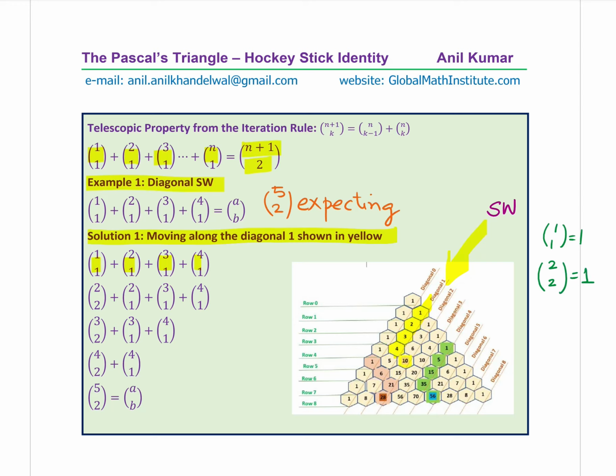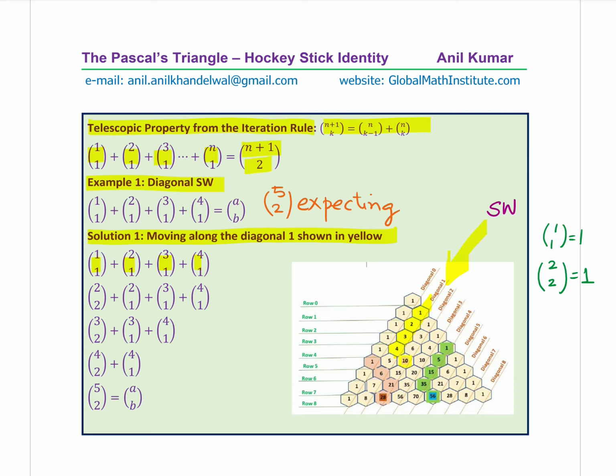The idea here is that we can use the basic iteration rule that should help us to converge at the result, right? That is also called the telescopic property of this iteration rule. So we are going to adopt this telescopic property to converge to our result.